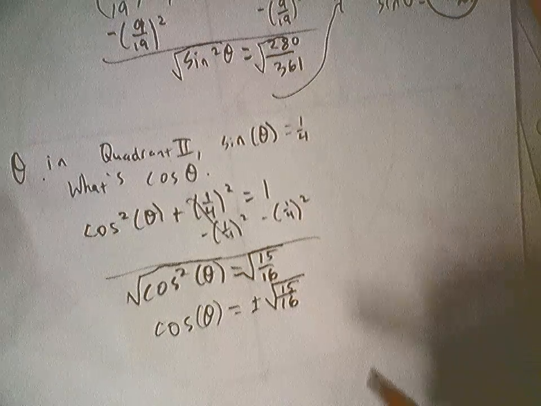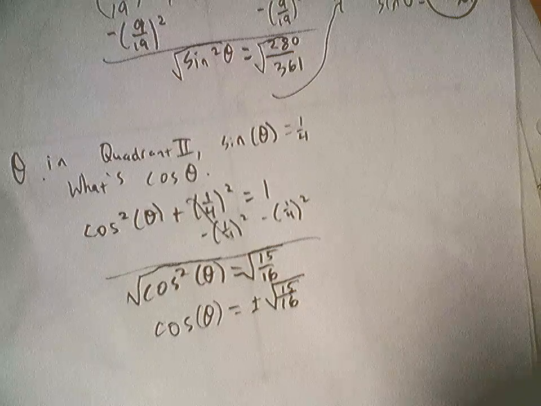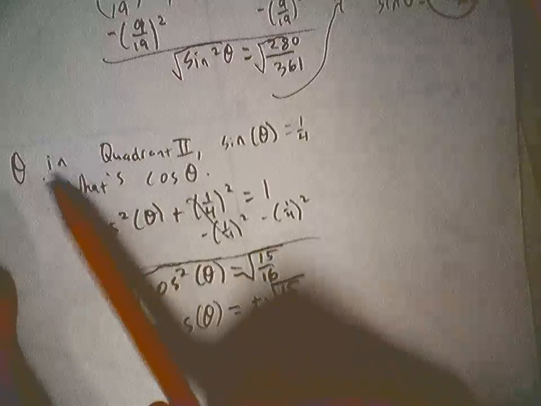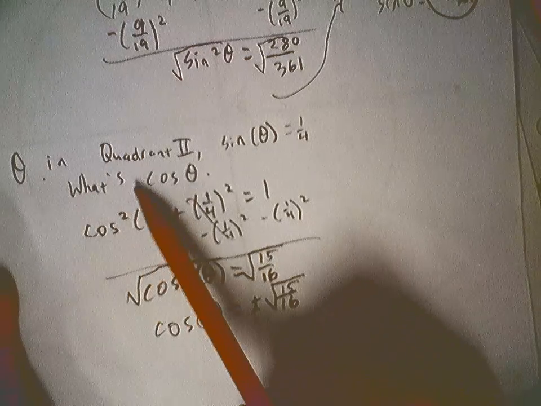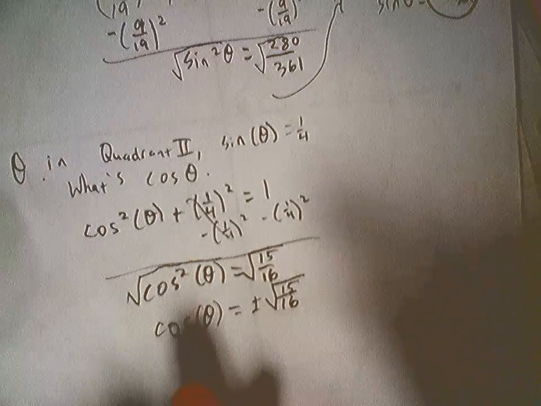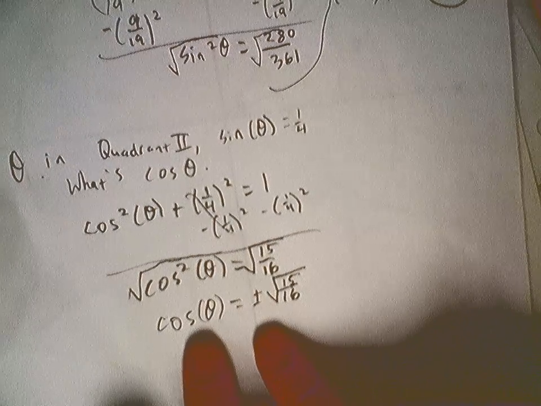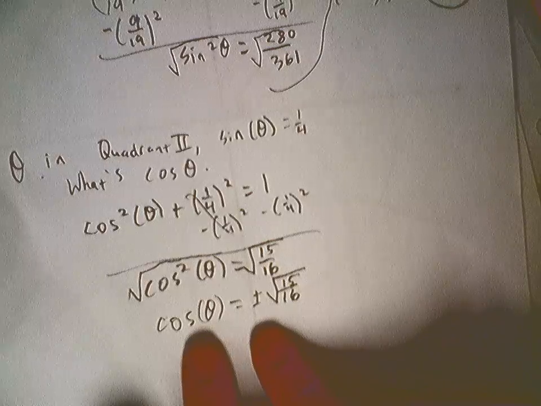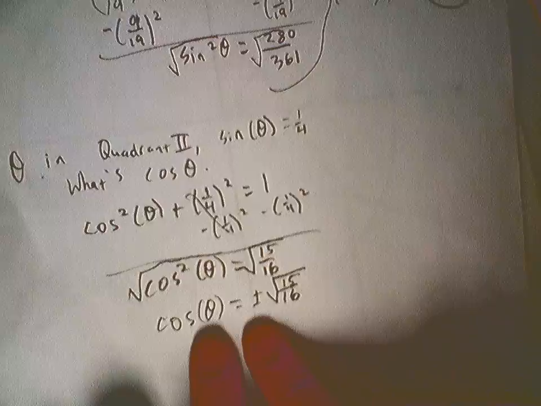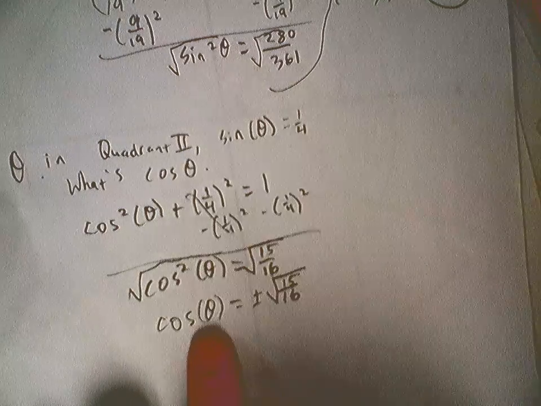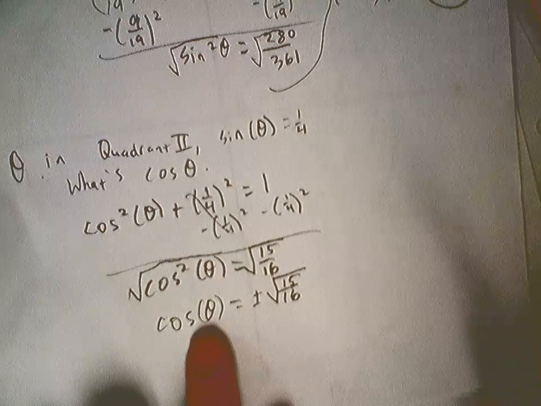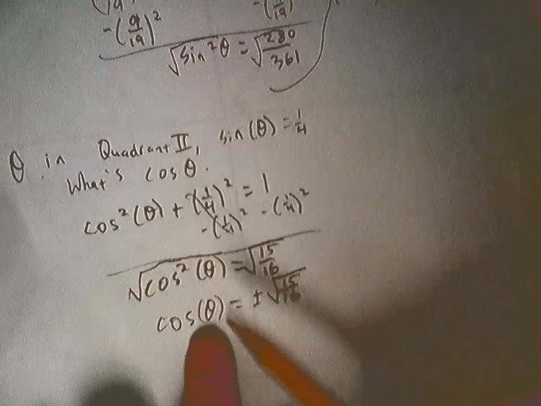So now I have to pick which one it is. Is it the positive square root of 15 over 16 or is it the negative? So let's think about what we know about points in quadrant 2. Particularly since we're dealing with cosine here, let's think about what we know about x values in quadrant 2. Every single point on the left side of our coordinate plane is going to have a negative x value.